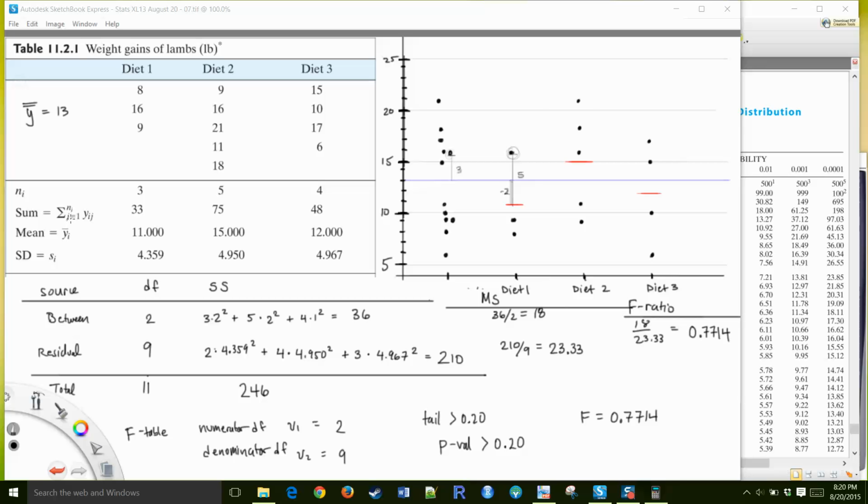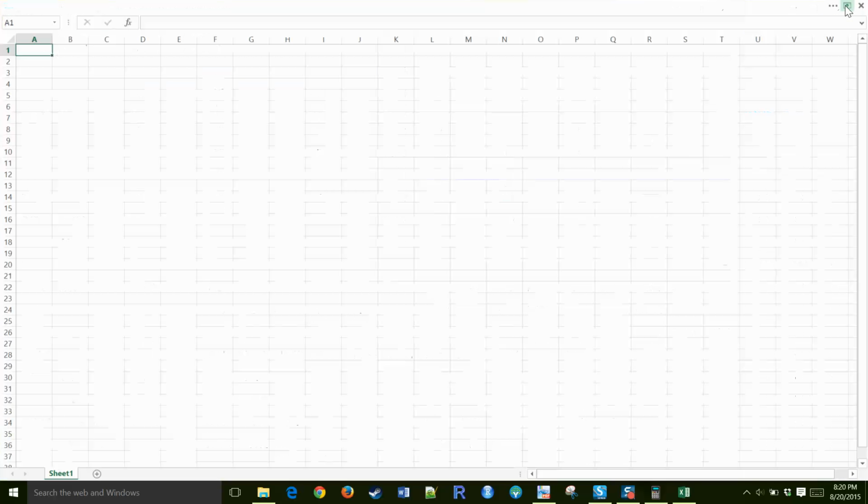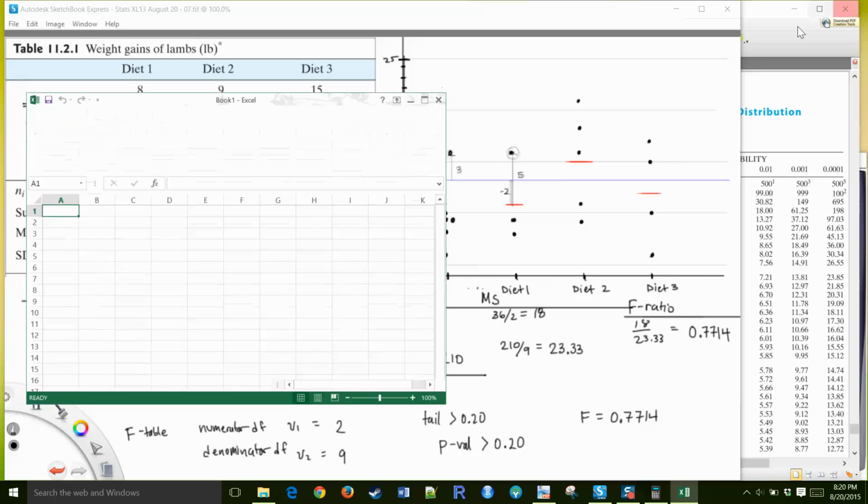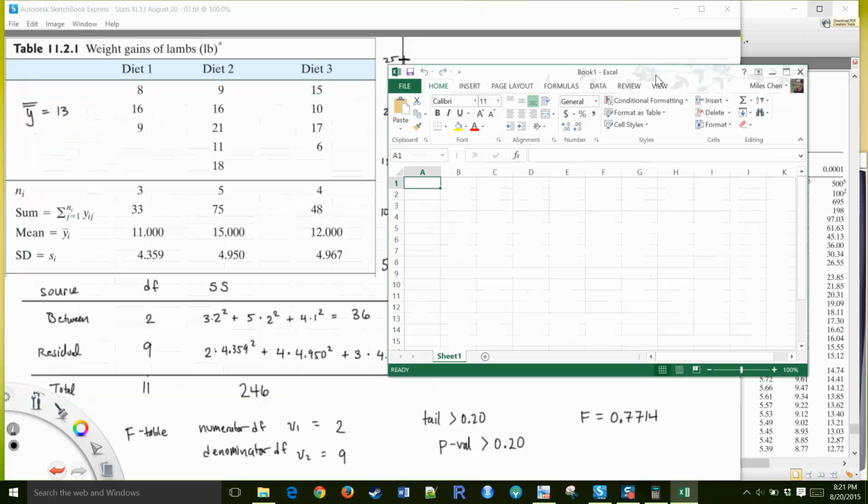I could label them group 1, group 2, and group 3, or I can also label them group A, group B, and group C.